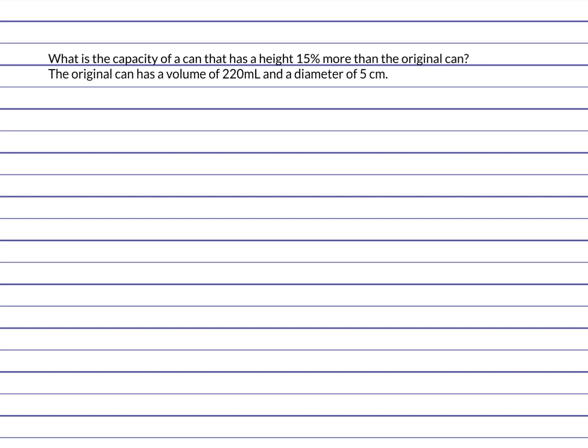So we're going to write down some stuff that we know, and talk about some assumptions first. The first thing that we know is that our shape is going to be a cylinder.